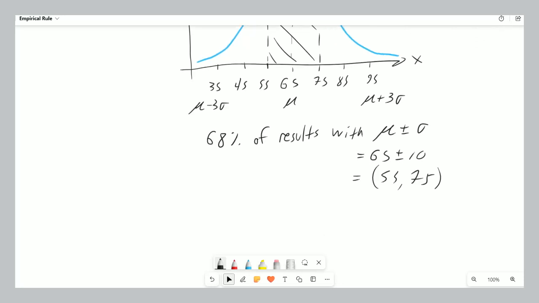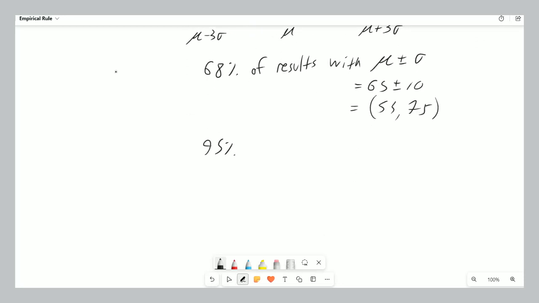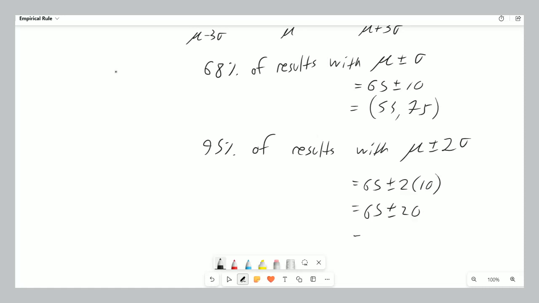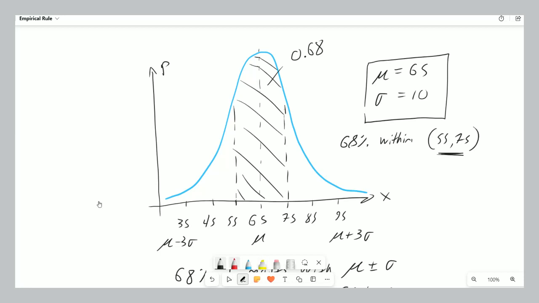Now the second part of the empirical rule tells us that 95% of the results are expected to be within the mean value plus or minus 2 sigma, which in our case is 65 plus or minus 2 times 10, or 65 plus or minus 20, which is 45 to 85. So we can expect 95% of results being within that range, 45 to 85. If we randomly select a student, there is a 95% chance, or a 0.95 probability, that their grade is somewhere within that range.